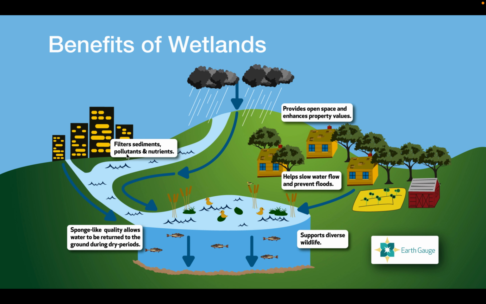Here's the filtering of sediments and pollutants and nutrients. It acts like a sponge, and it can return the water to the ground during dry periods. It's open space. It enhances property values because now you have this nice little nature outlook in your backyard. So you see a wide diversity of wildlife.